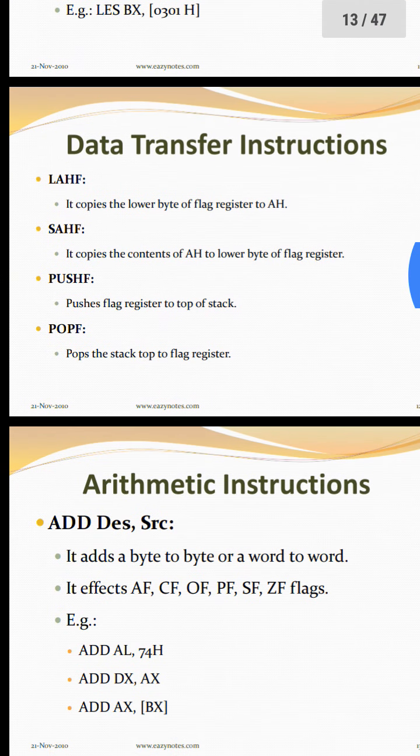Then similar instructions are LAHF, which copies the lower byte of the flag register to AH, the higher byte of the accumulator. SAHF copies the contents of the higher byte of the accumulator to the lower byte of the flag register.